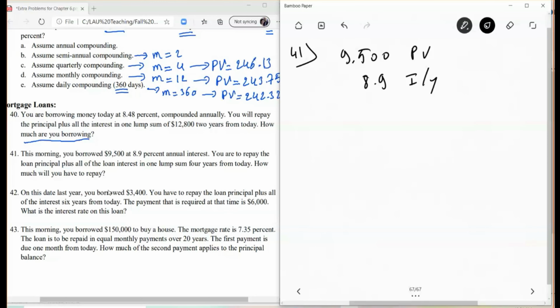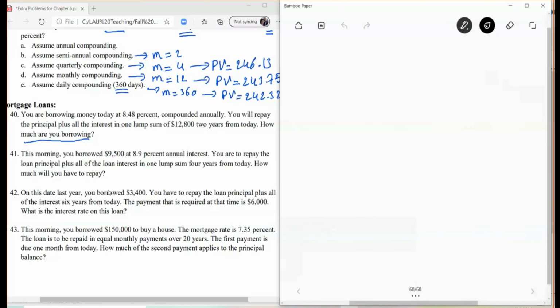You are to repay the loan principal plus all of the loan interest in one lump sum 4 years from today. So N is equal to 4. How much will you have to repay? So I need to find the future value of the loan. So compute FV, and the answer in this case is $13,360.88.